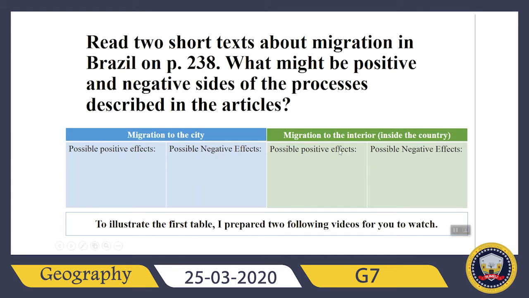One positive effect of people going to settle inside the country, which actually happened, which started in 1950s, 1960s, when the capital of Brazil was moved from the seashore to the inner parts of the country, to Brasilia, the city of Brasilia, as I mentioned before.